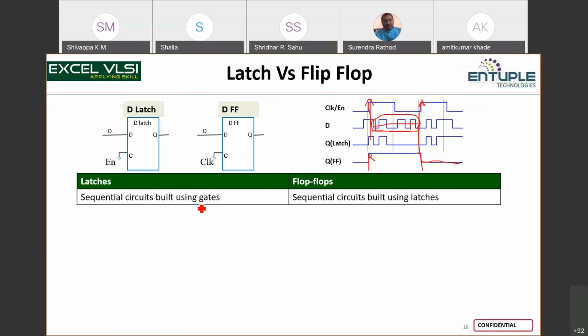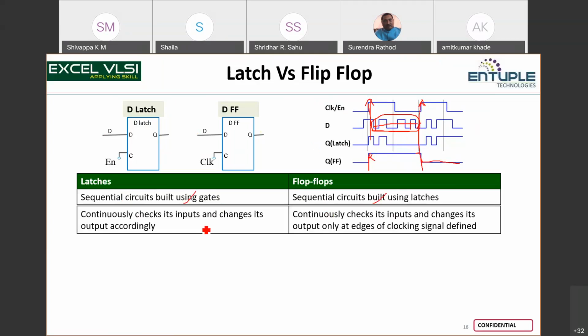So latches and flip-flops are built using gates, and flip-flops are built using latches made edge triggered. Latches continuously check inputs and change the output accordingly. A flip-flop continuously checks inputs but changes outputs only at the edges of the clock signal.